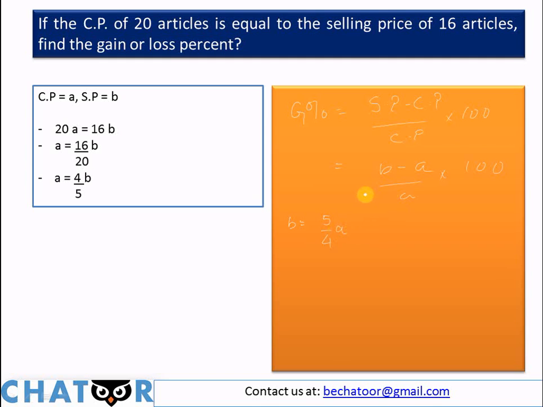Easier to calculate, hence I took B in terms of A. So now it's going to be 5 by 4A minus A upon A into 100, which is nothing but 5A minus 4A upon 4 the whole upon A into 100, which is nothing but A upon 4A into 100, where A gets cancelled and you get 25%. So the gain is 25%.